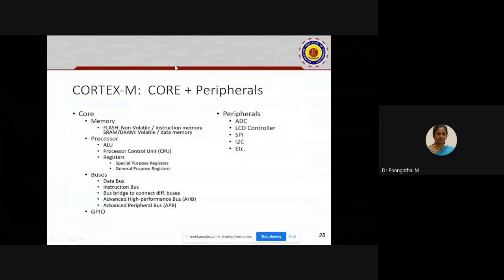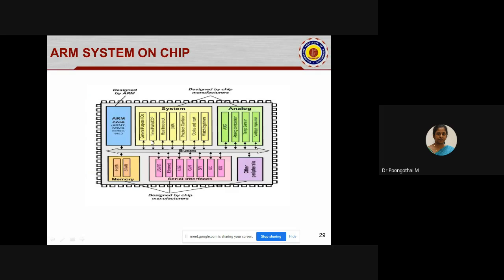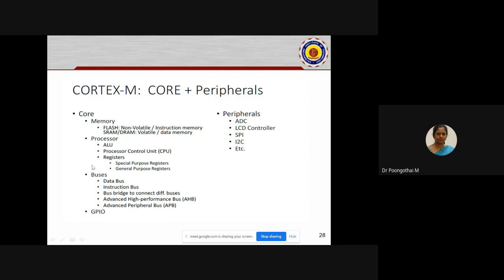These are the components available in your Cortex M. Externally, we can connect memories using bus interfaces: flash memory, non-volatile memory, instruction memory, and data memory, along with your processor. These are all under your core.